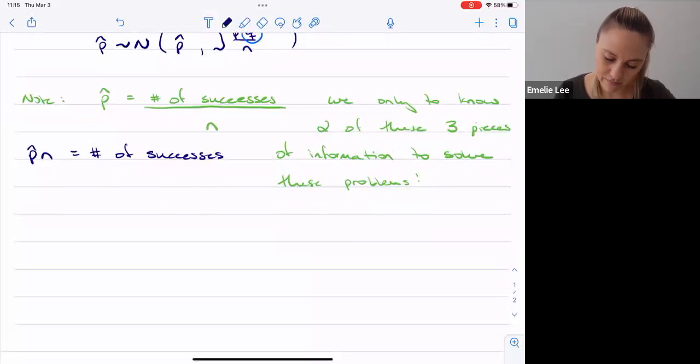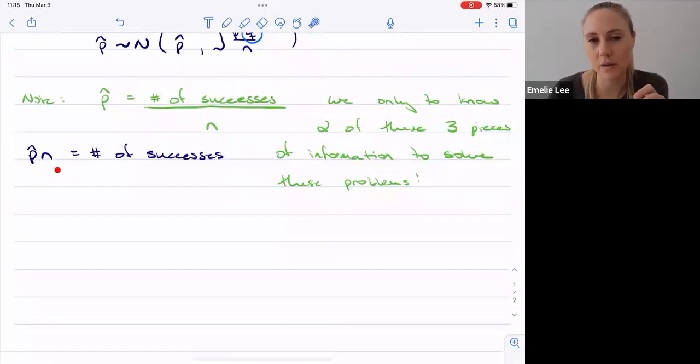And the number of successes divided by p hat, that'll never happen. So this is the only other setup that we use, right? Sometimes a question will give you, okay, 40% of people in a sample of 1,200, for example.